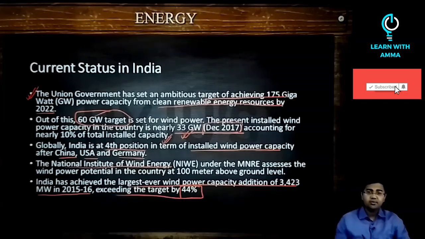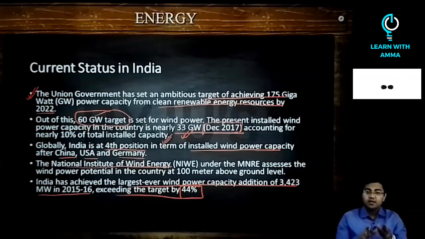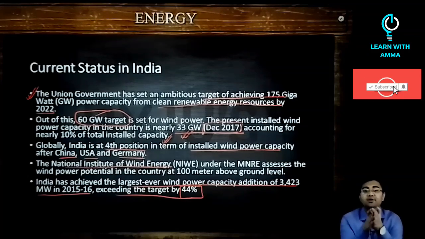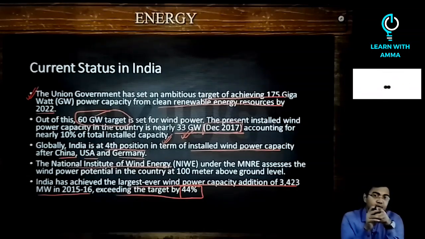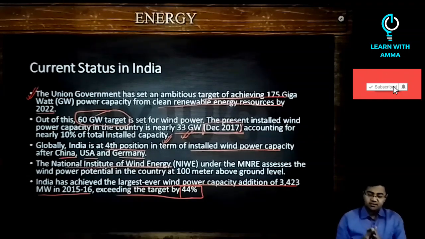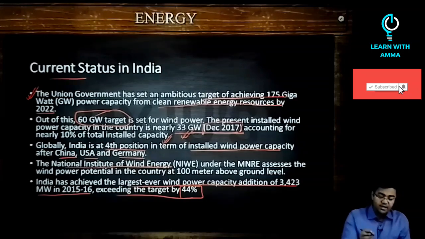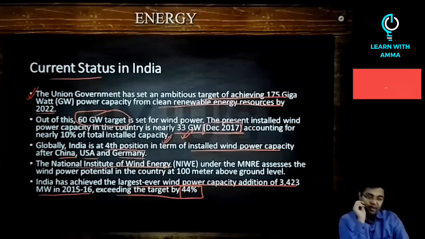So if you look at the facts, India is very serious when it comes to installing capacity for renewable energy resources, and this data itself is proof of that. So these are some of the things with respect to the current status of wind energy in India.